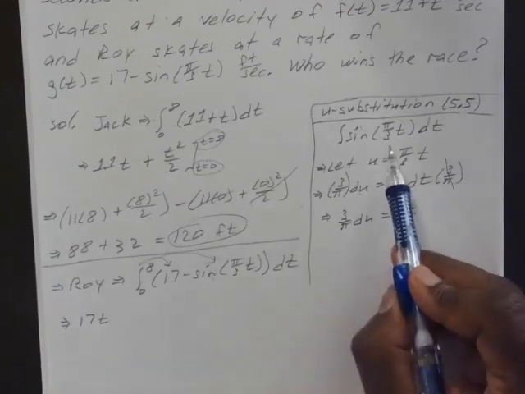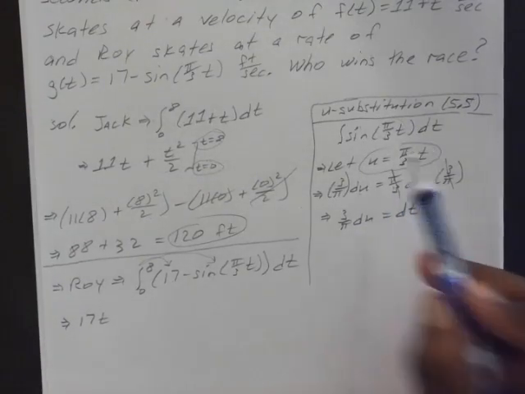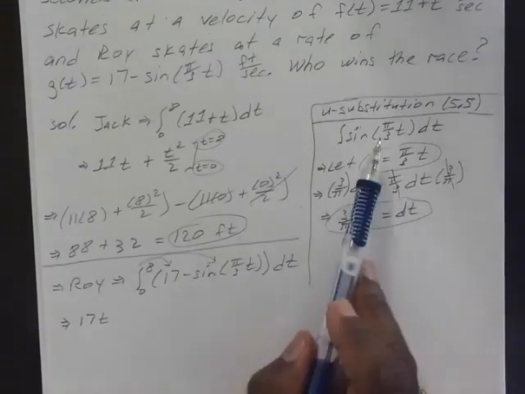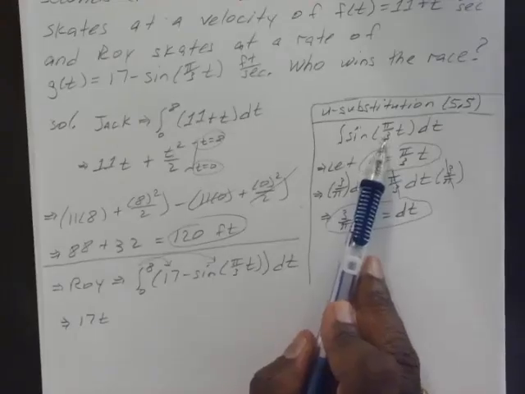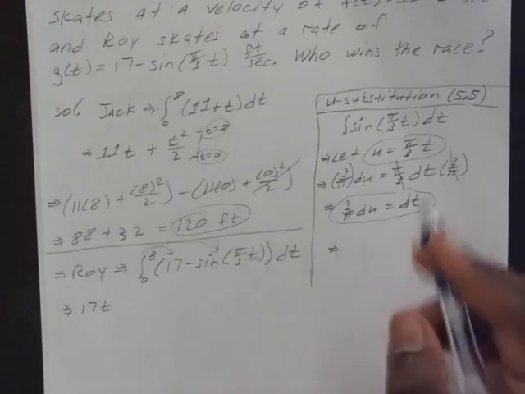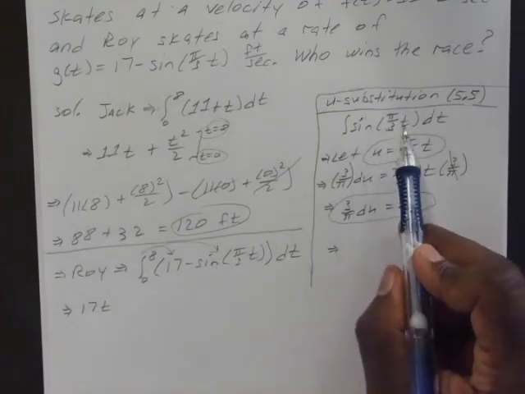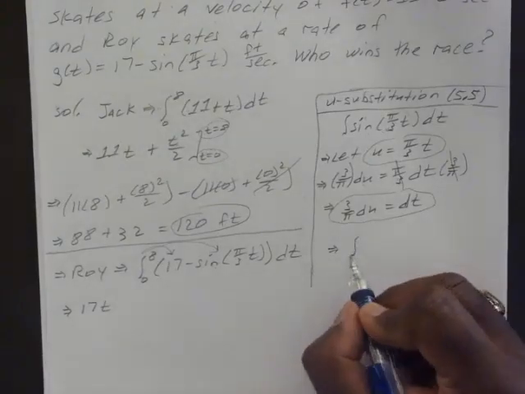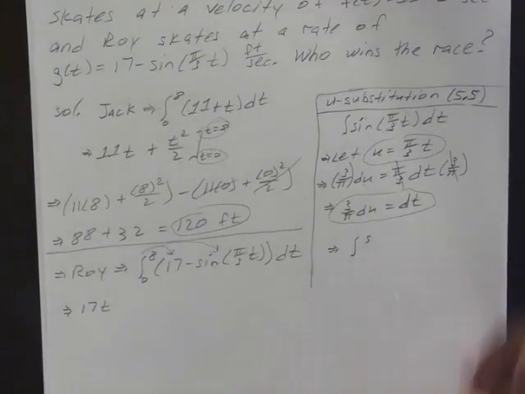Okay. So we're going to take this u and this dt, and plug it into our original integral. So sine of pi over 3t, we can just make that the integral of sine of u.